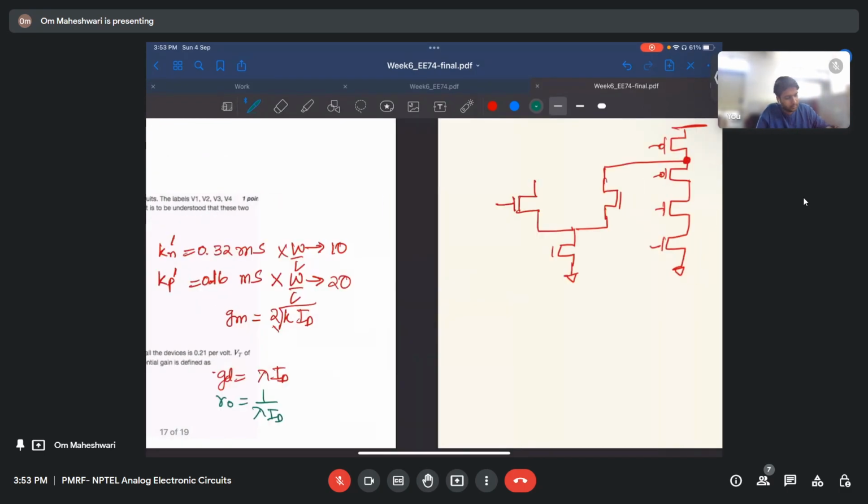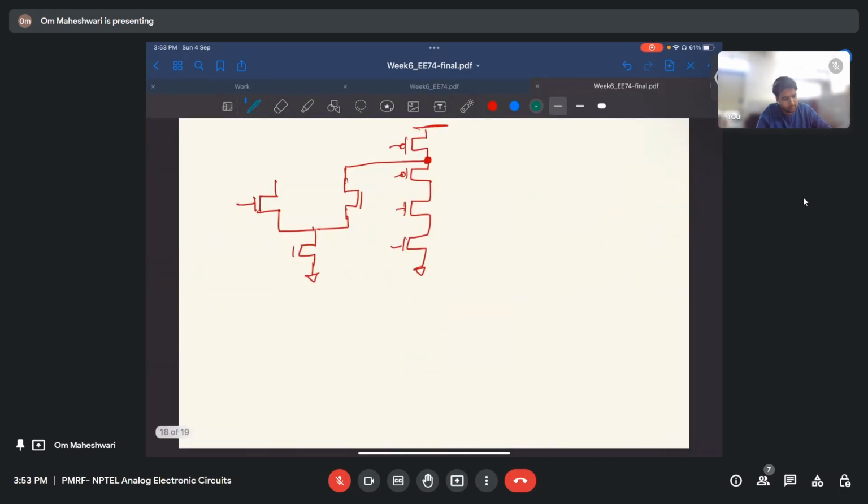How to explain? Let me take another page. So this transistor has, let's say, W, W, W. It has 2W, right?